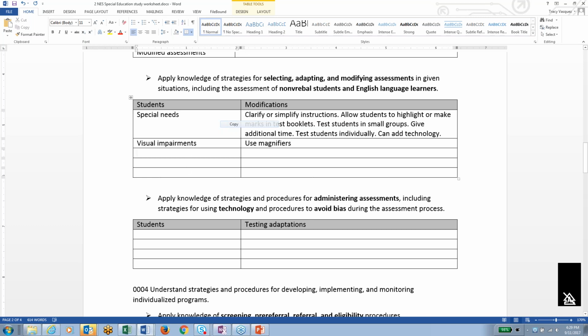And then our students that are hearing impaired. These students may use audio amplification. And we can also use individual study enclosures to be a noise buffer.